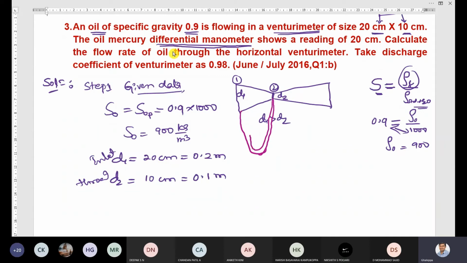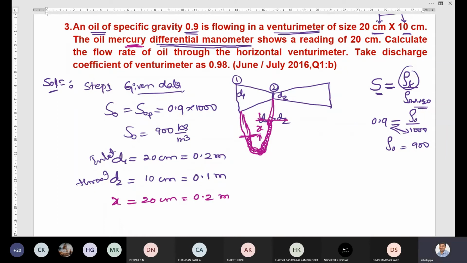What type of manometer is it? Mercury differential manometer. The difference in the mercury, we will write here. How much is the difference in mercury? That is X. X is the difference in mercury level in the manometer, that is 20 centimeter, that is 0.2 meter.